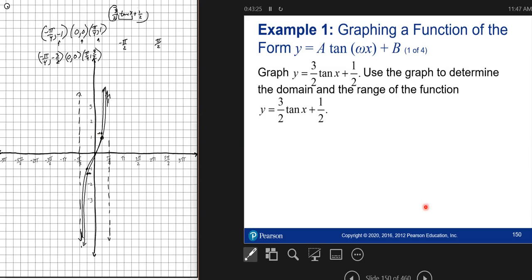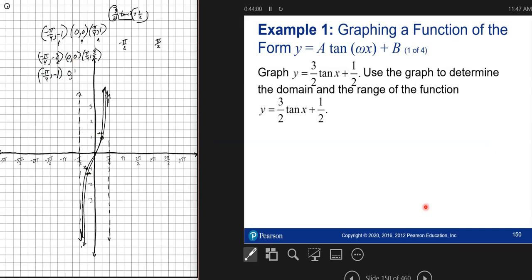And now we're going to add 1/2 to each y value. So if it happens after the trig function, then we're changing the y values. So I'm adding a half to a negative 3/2. So negative pi over 4 ends up going to -1 because I added a half to it. So it comes back up to here. And I'm going to add a half to 0.